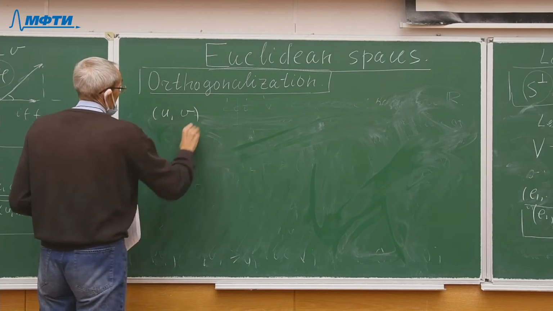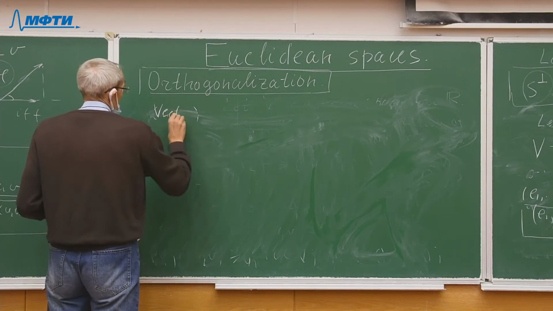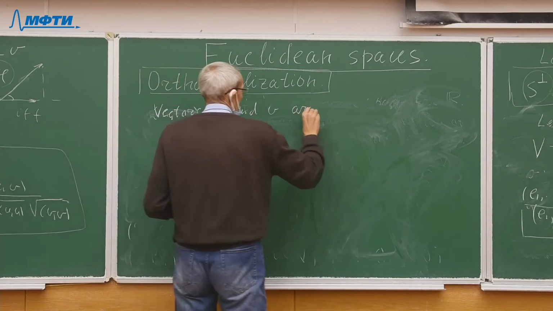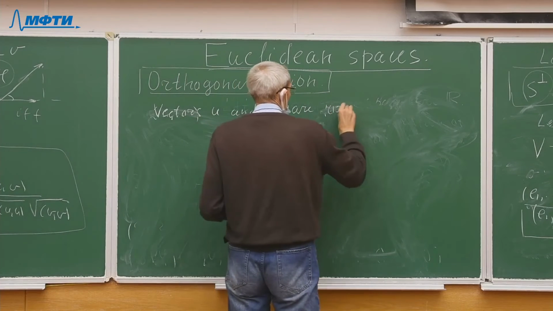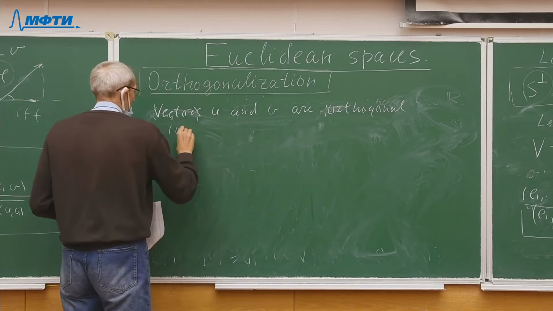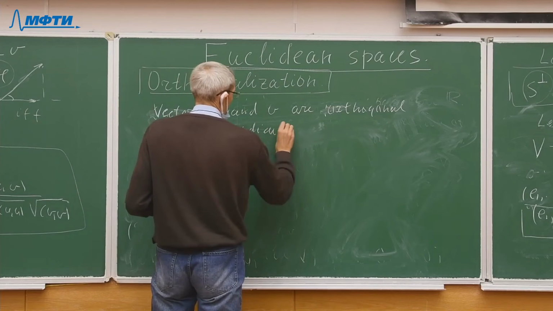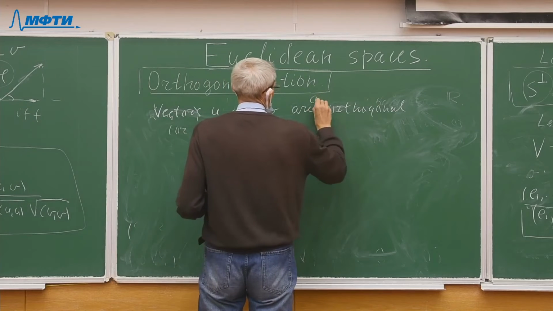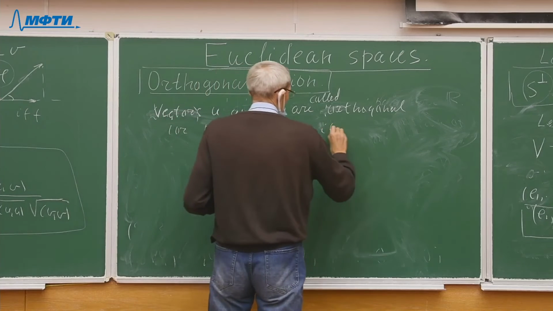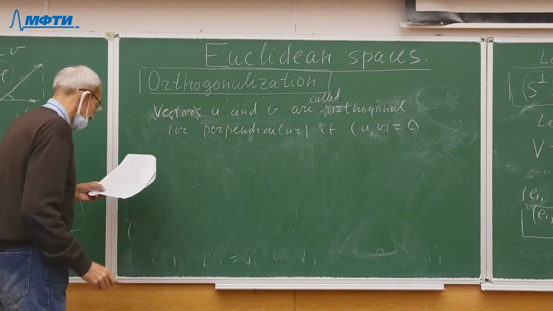We will say that two vectors u and v are called orthogonal or perpendicular if their scalar product is equal to 0.